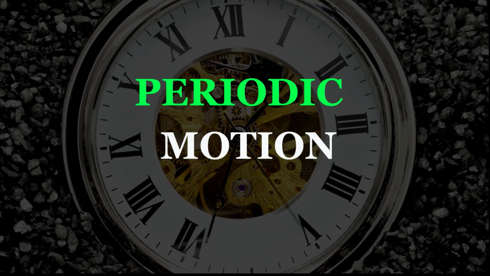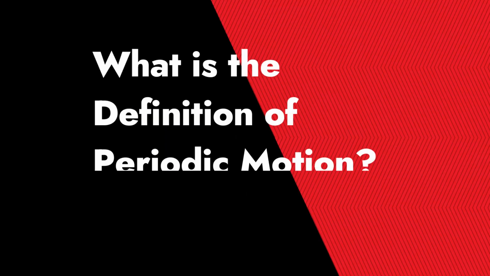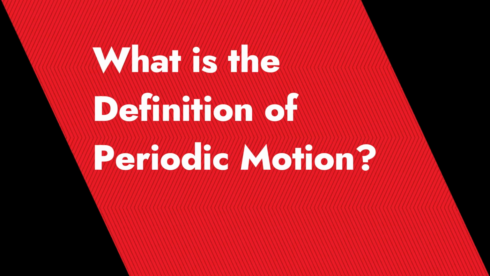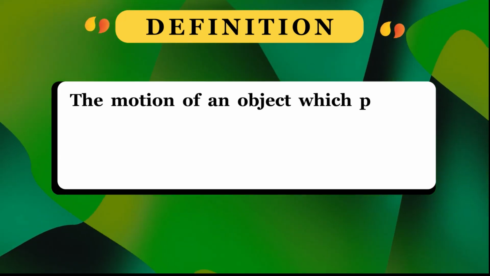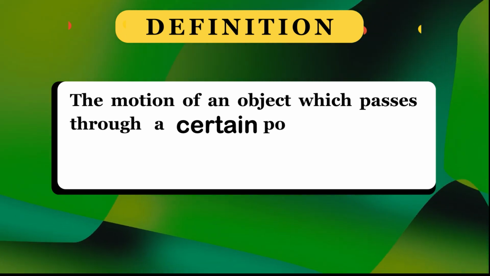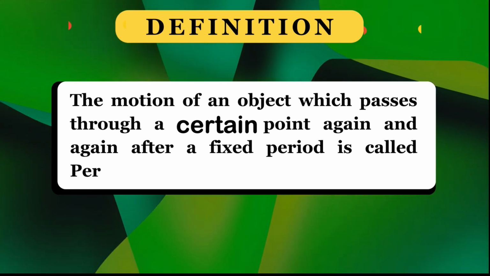Such motion is called periodic motion. So, what is the definition of periodic motion? The motion of an object which passes through a certain point again and again after a fixed period is called periodic motion.